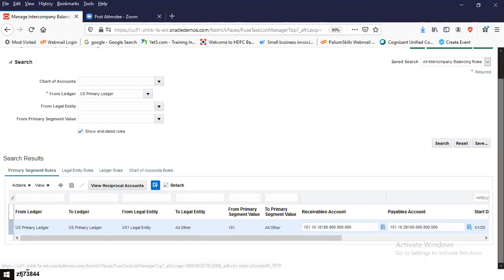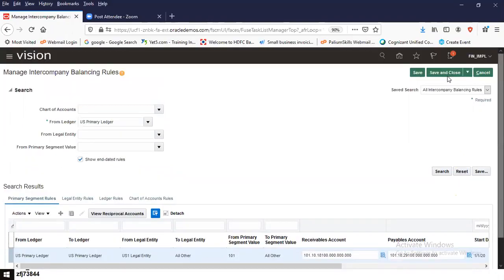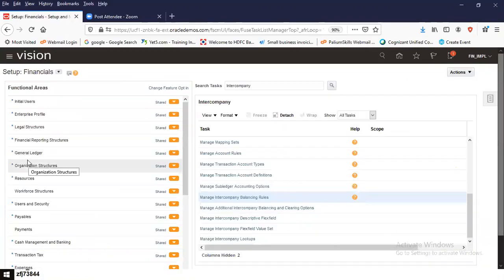Now we'll be entering these journals and they go for approval. In case we want to switch that off, we can go and switch off.